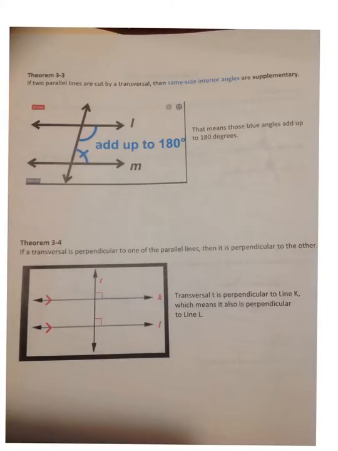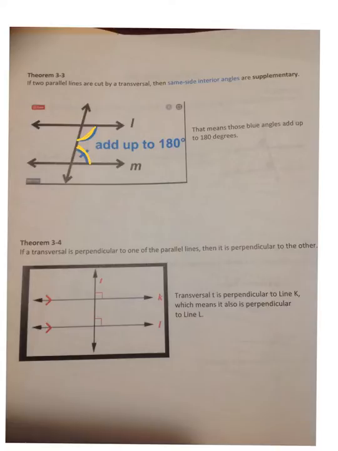Theorem 3.3 is one that we did not talk about yesterday. We have if 2 parallel lines are cut by a transversal, then the same side interior angles are supplementary. So what that means is that this angle added to this angle will give you 180.